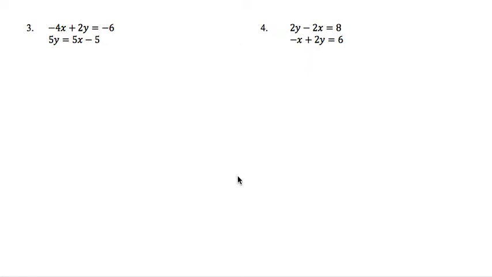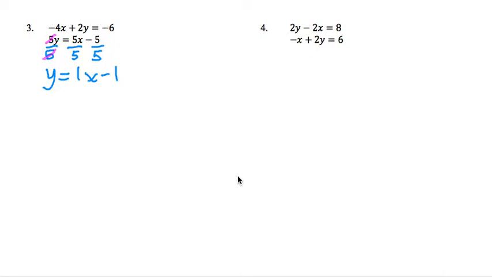So if I wanted to get y by itself here, I could do that by dividing by 5 on each term. So when I do that, these cancel, and I find out that y is equal to 1x minus 1.